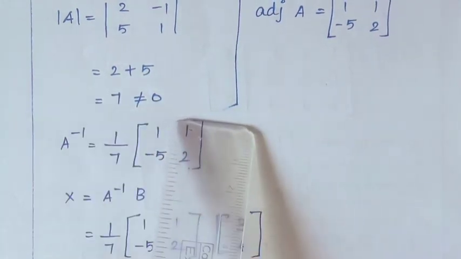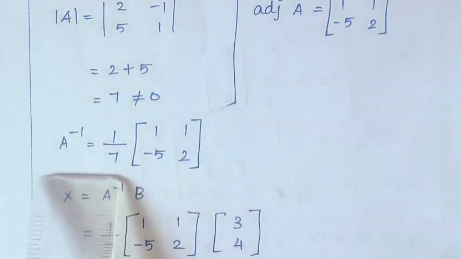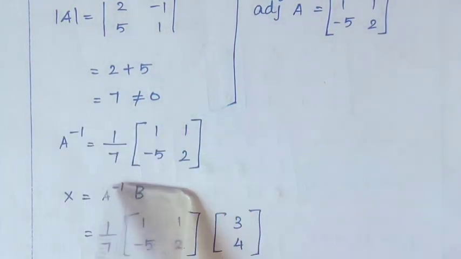Then we have to multiply. We have to put in this formula 1 by 7.